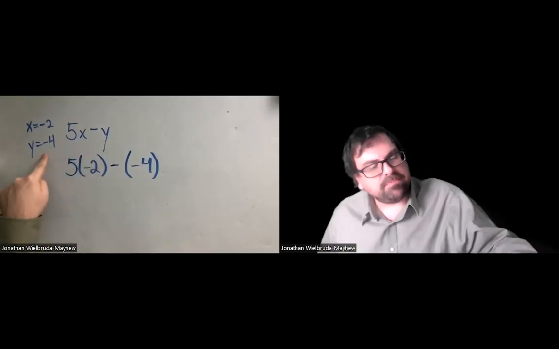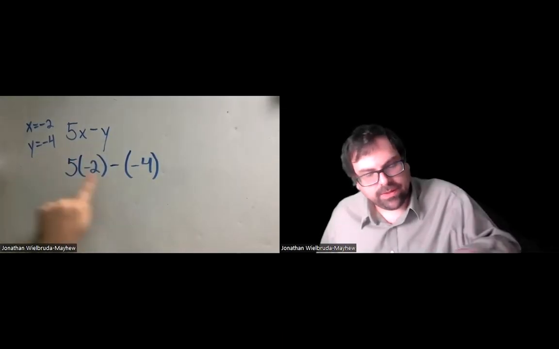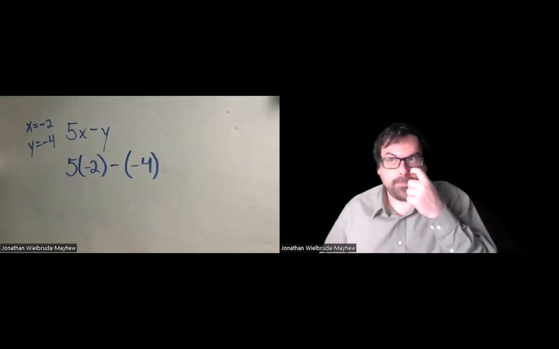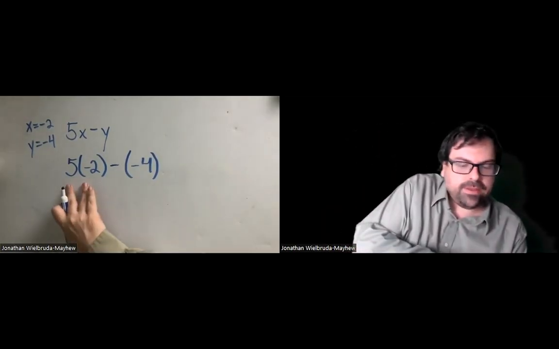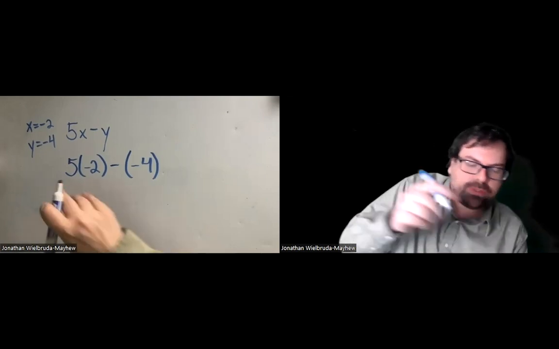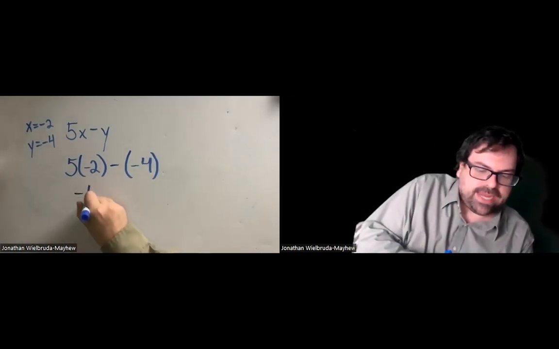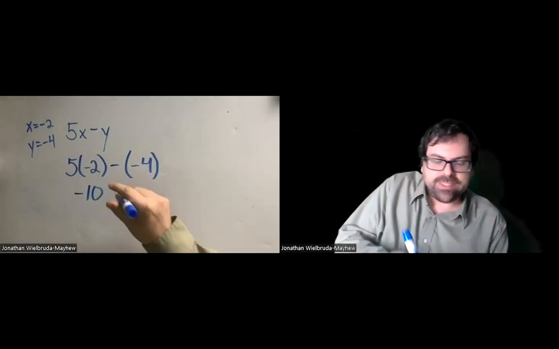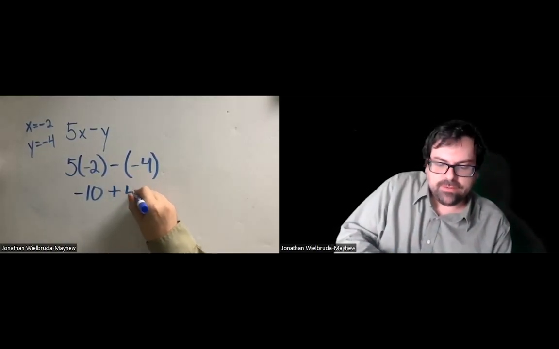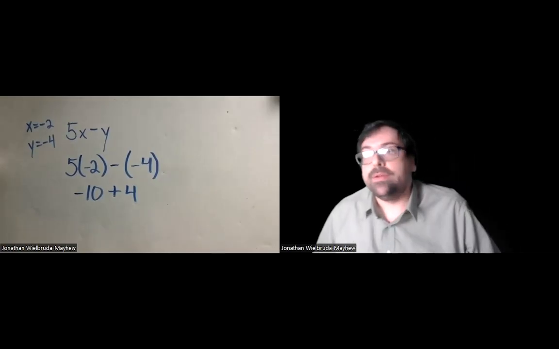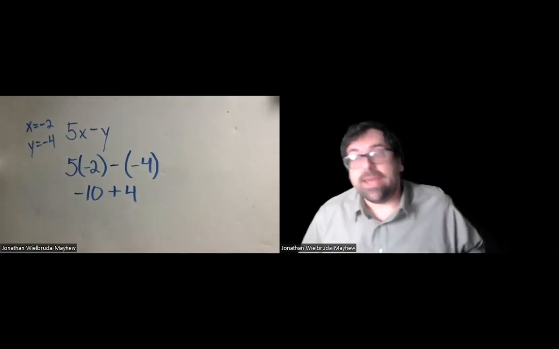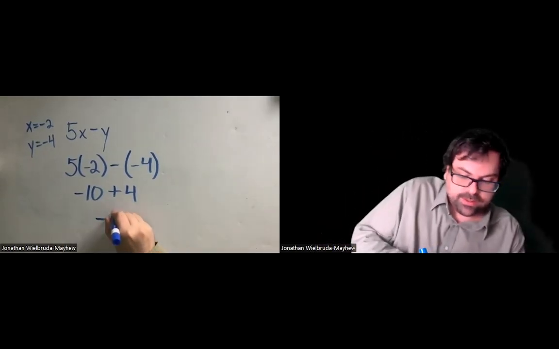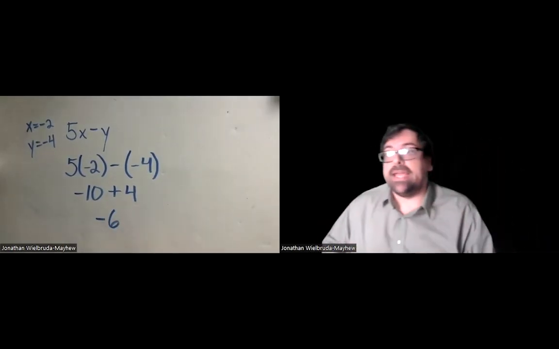Minus y means minus -4. Be careful with your signs. 5 times -2 is -10. Minus a negative turns into plus 4. And then -10 plus 4 is -6.